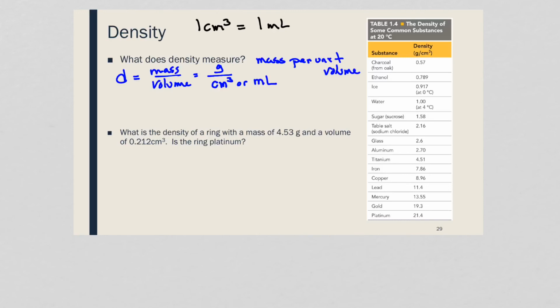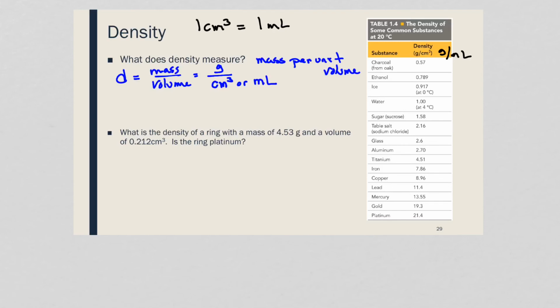So no matter which unit you use, it doesn't numerically affect the value. So while I could look at my table over here and say that, oh, ethanol has a density of 0.789 grams per cubic centimeter, it would also have 0.789 grams per milliliter. Right? So cubic centimeters and milliliters can be exchanged for one another quite readily.